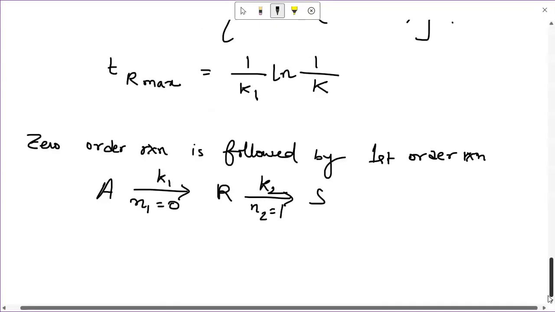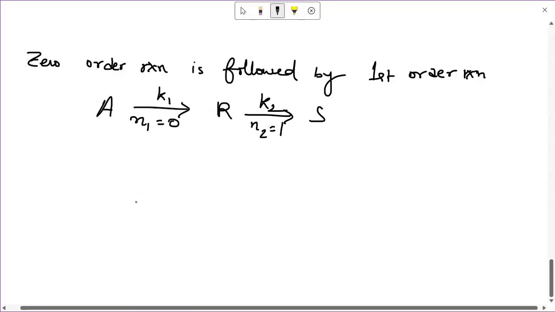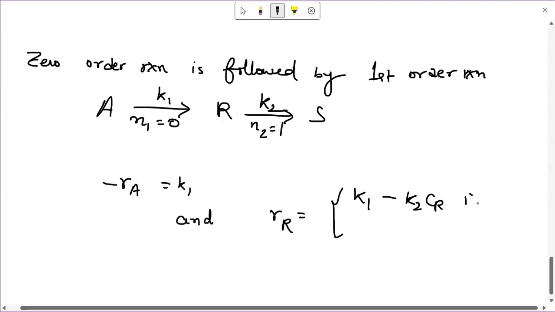In this case, minus Ra equals K1 and Rr equals K1 minus K2 Cr if A is present, else it is minus K2 Cr if A is absent.